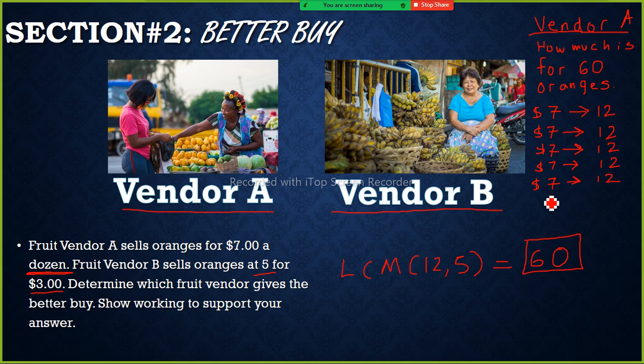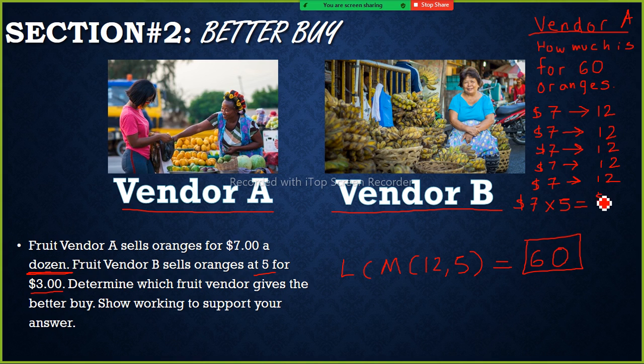So how much is it for 60 oranges for vendor A? That's going to be $7 times 5, which is going to give us 35.